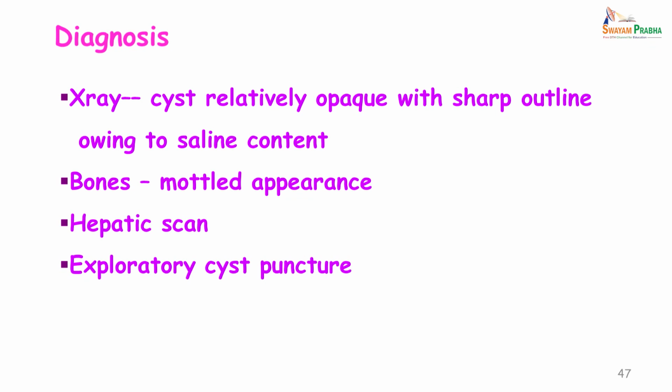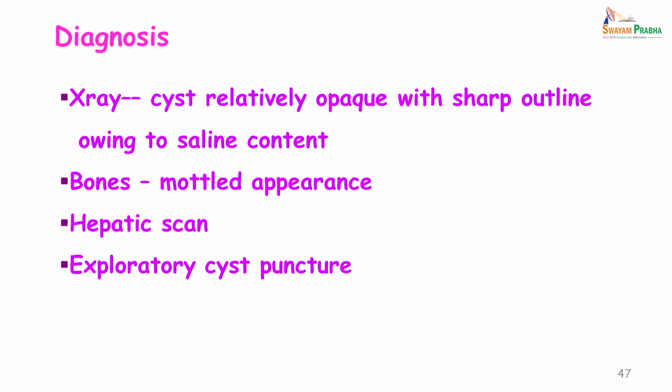An exploratory cyst puncture is not done. It used to be done in the past, but sometimes the fluid can leak into the peritoneum, and in such cases the host can develop anaphylaxis. Further, if this cyst fluid leaks into the peritoneum, it can cause peritoneal hydatid disease.